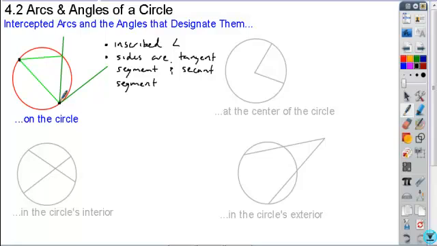Okay, in either of these cases, the following relationship holds true. The angle is equal to 1/2 the intercepted arc.